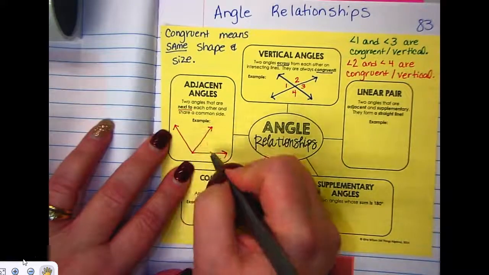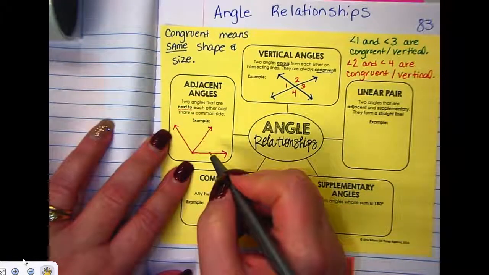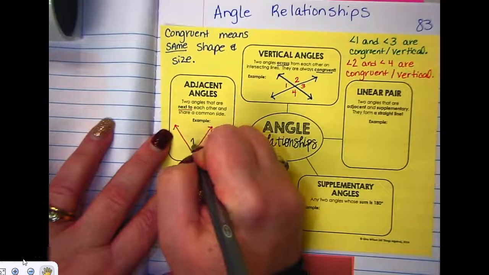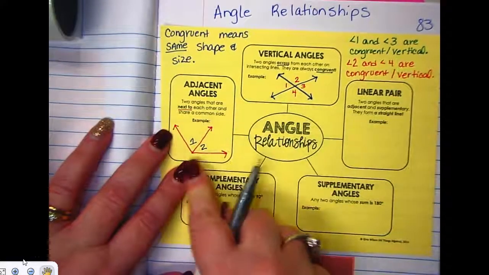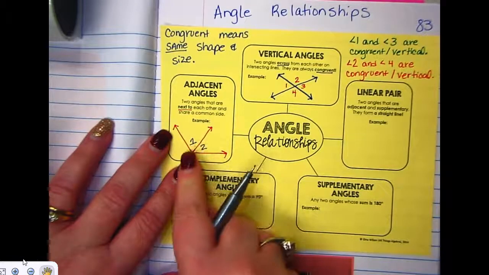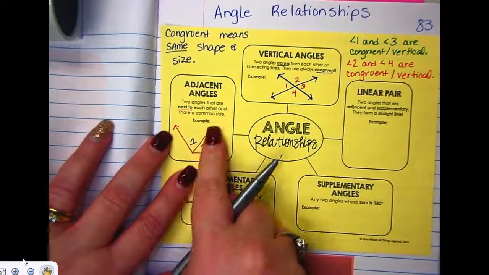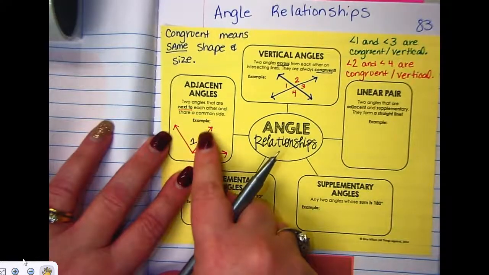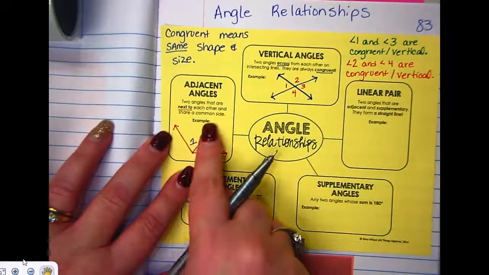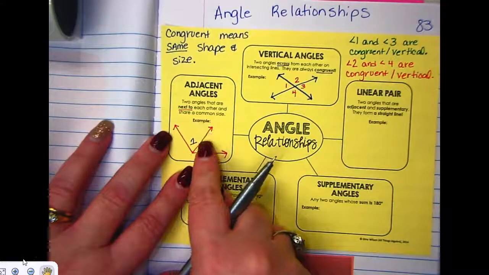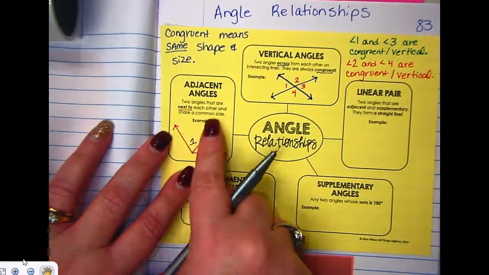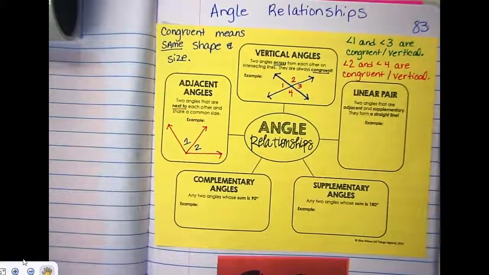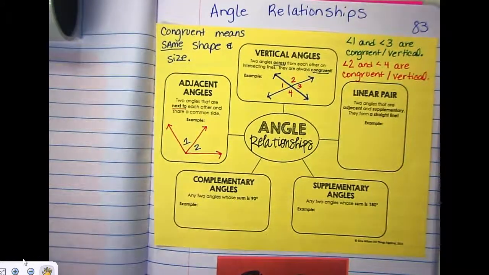Okay? These are adjacent. They are next to each other. They're side by side, and they share a common side. This angle, this is its second ray, and this angle, this one. So they're next to each other, and they share a common side. That is adjacent. These are vocabulary words that you need to learn.